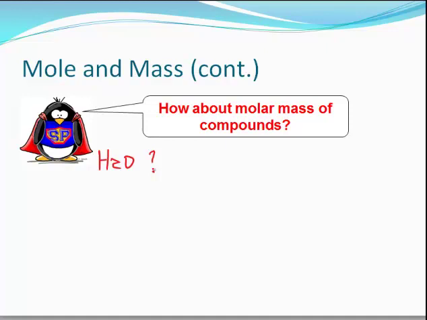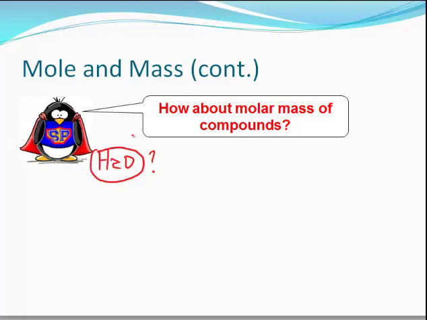Okay, now time is up, so let's take a look at it. One thing we know for sure is that water is a pure substance, represented by the formula H2O, and it's a compound.